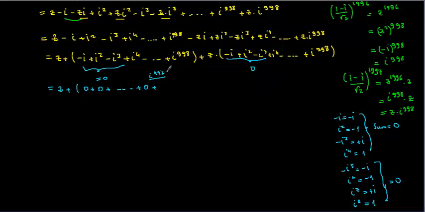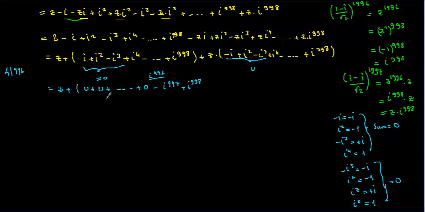This number 996 is divisible by 4, because 4 divides 996, that's why it's going to end there. Then I to the power of 997 is going to come, and this term is going to be minus, then plus I to the power of 998.